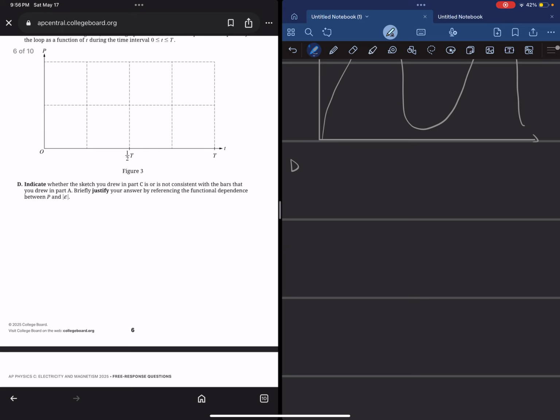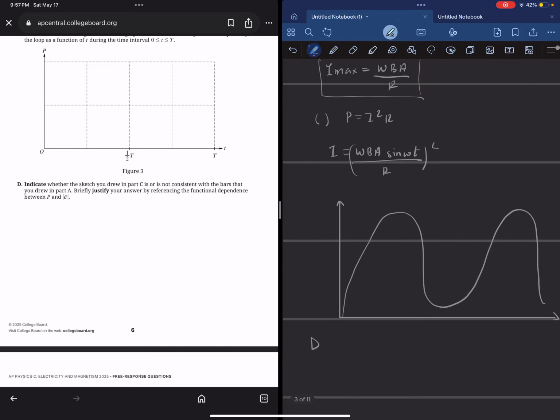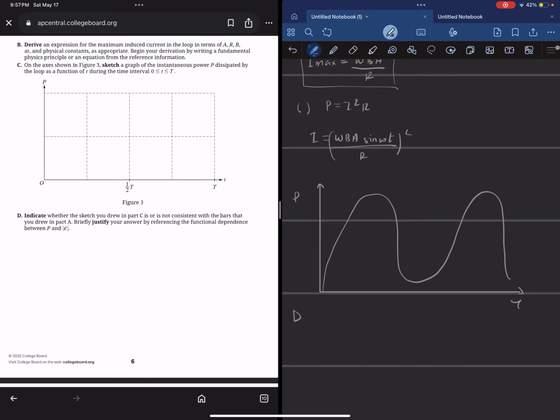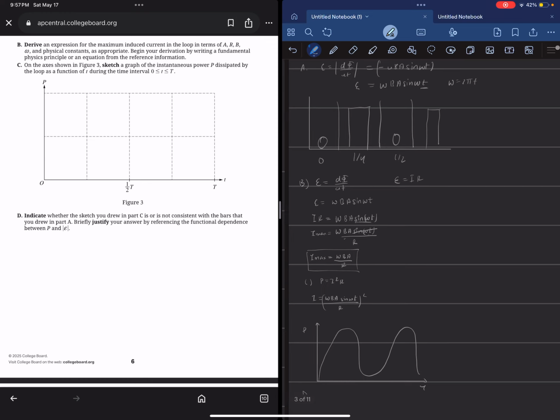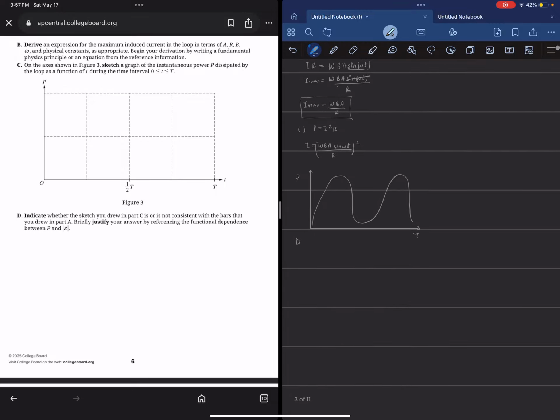Indicate whether the sketch you drew in part C is consistent or not with the bars that you drew in part A. Okay, so this is power with respect to time.